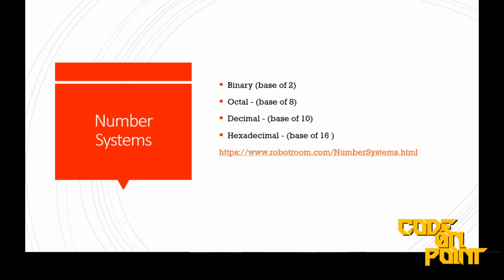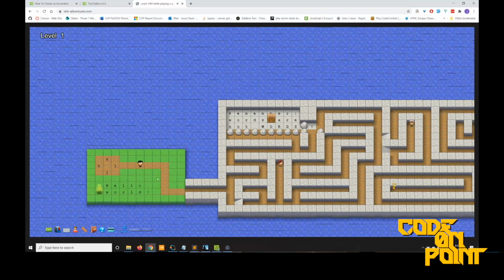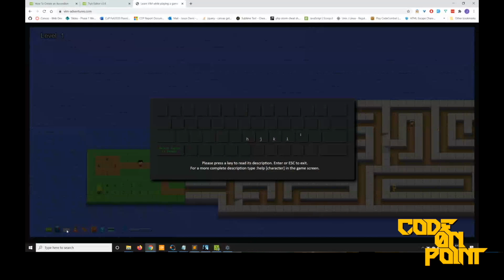Most of us were used to thinking of numbers in the normal base, decimal system, base 10. And so in the case of hex, it's a 0 through F system, A through F representing 11 through 15. You'll see right here, it tells you the keys you can use right now.